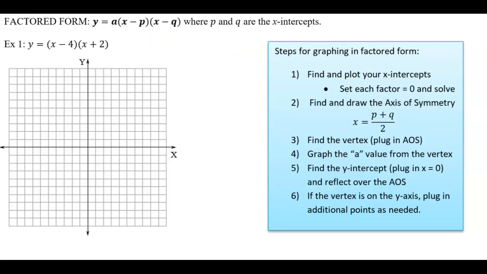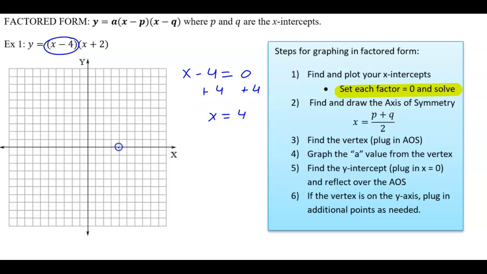So our very first step is plot our x-intercepts. So here's our first quadratic, x minus 4 times x plus 2. In step 1 over here, it says set each factor equal to 0 and solve. So for example, if I take the factor x minus 4 and I set it equal to 0 and solve for x when it's on the x-axis, add that 4 over, and we get the x-intercept of 4.